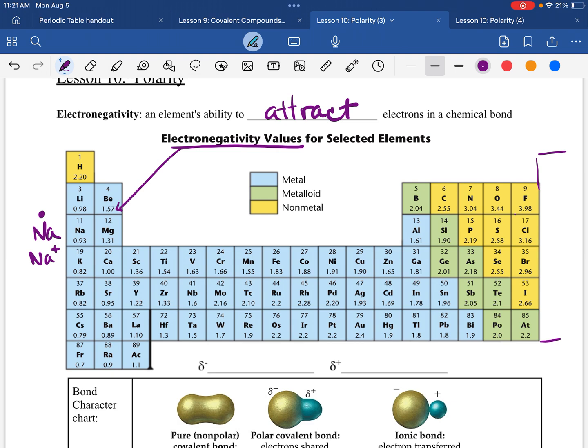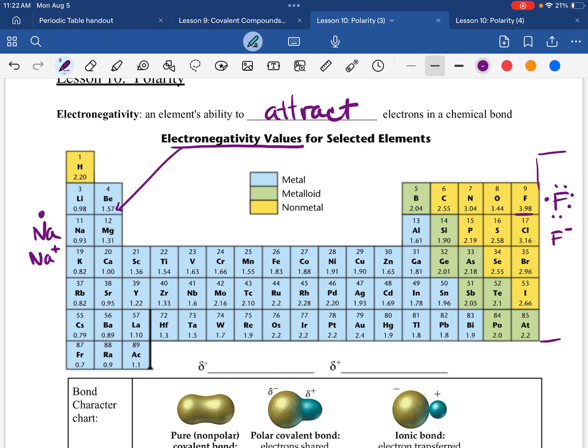And then let's take an example of fluorine here. Fluorine has 1, 2, 3, 4, 5, 6, 7 electrons. Fluorine would like to gain one more electron right here to be in noble gas state or have a full octet.